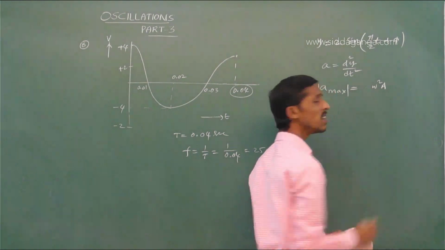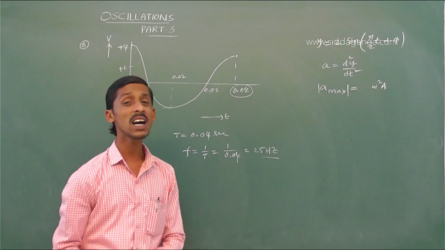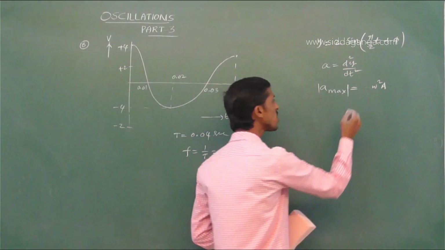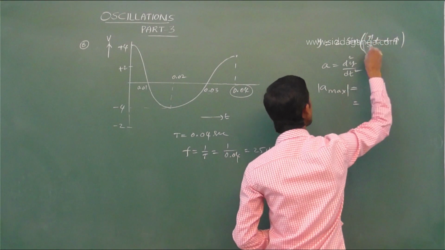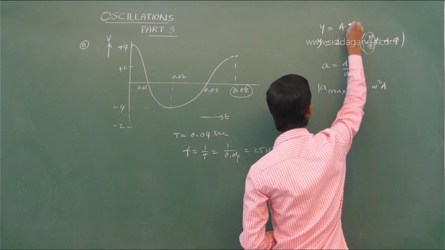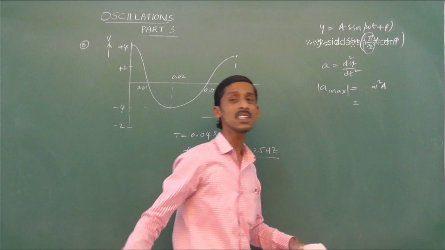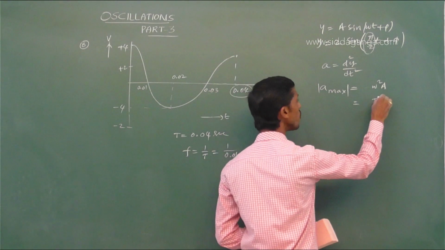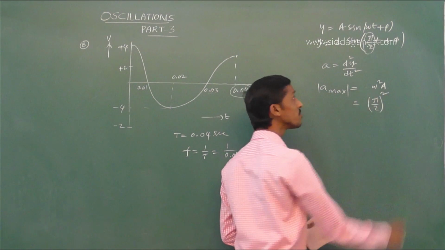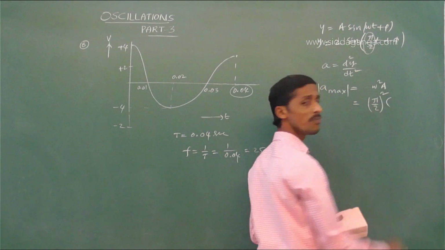We did this in the previous question. Omega square a. What is the value of omega? When you compare with the general equation, y is equal to a sin omega t plus phi, what is there in the place of omega? Pi by 2, squared. What is the amplitude?